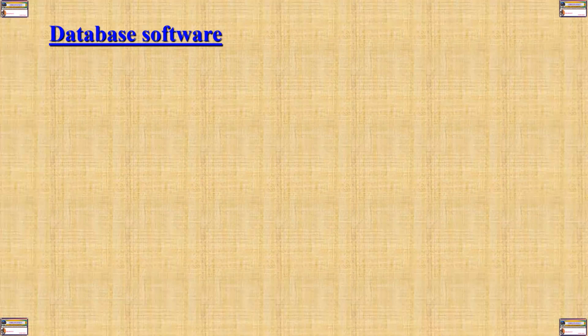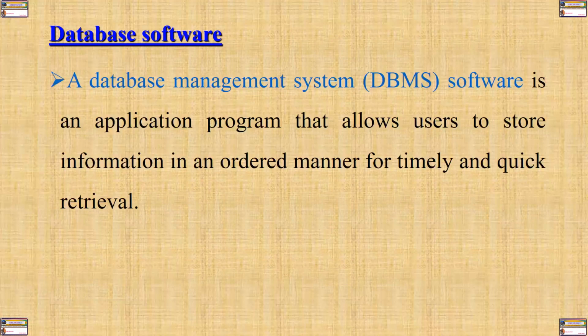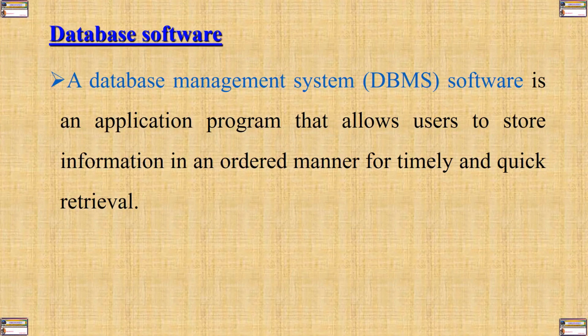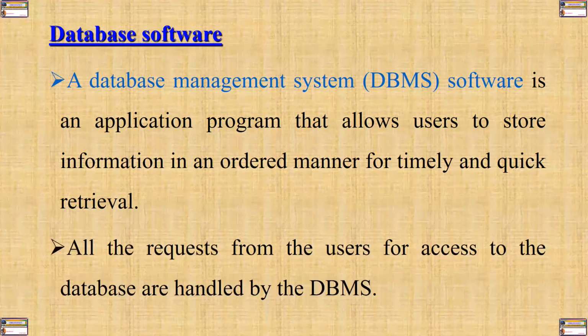The other concept that we need to learn is database software. What is database software? Database software is normally referred to as the database management system software, DBMS. Database management system software is an application program that allows users to store information in an ordered manner for timely and quick retrieval.